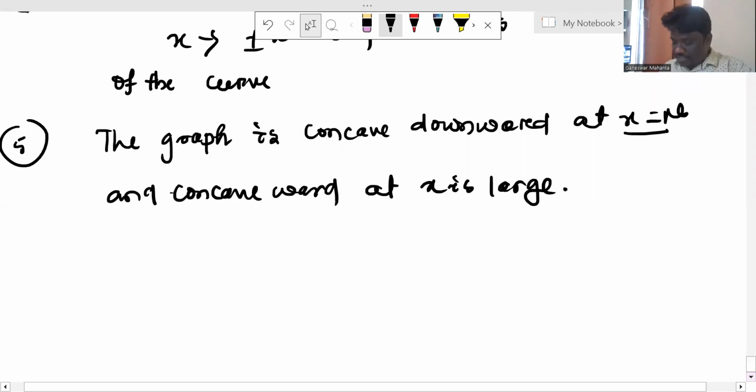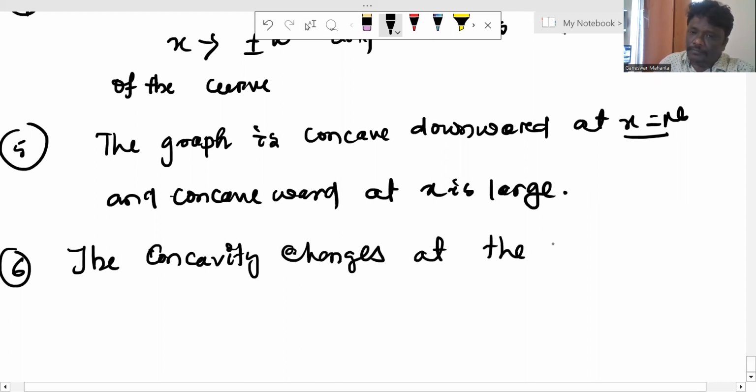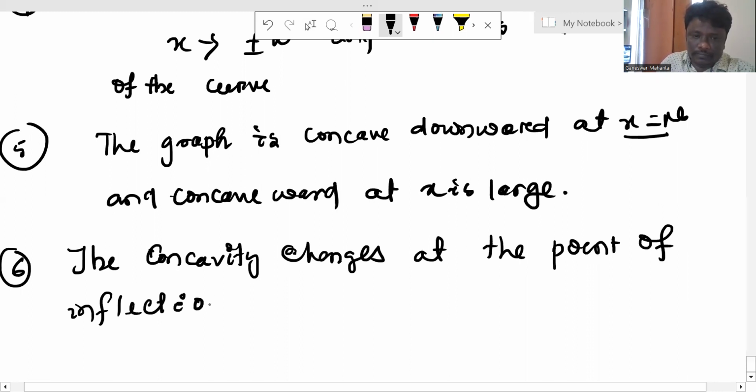The concavity changes at the point of inflection, given by the solutions of y double dash of x equal to 0.